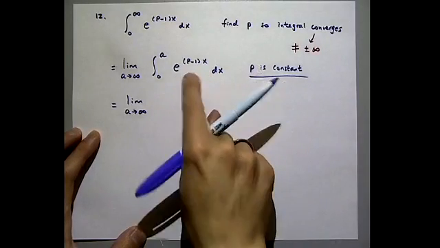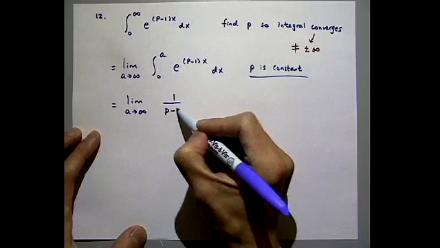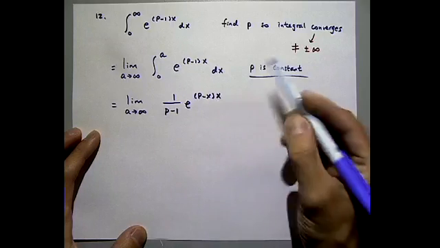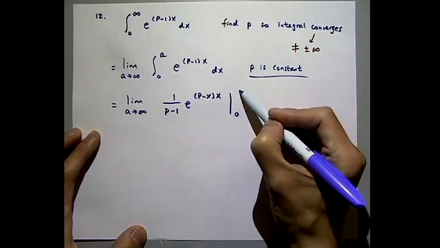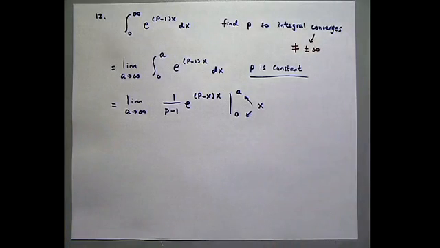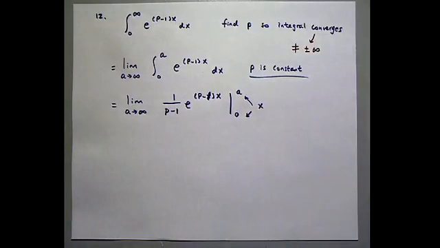Same thing here, e to the something x is 1 over that something, times e to the something x. Once again, remember, p is a fixed constant that we don't know, but it's a fixed constant no matter what. P minus 1, yes, sorry, my mistake, that's a 1. And the integration limit here, we're going for x, not p.